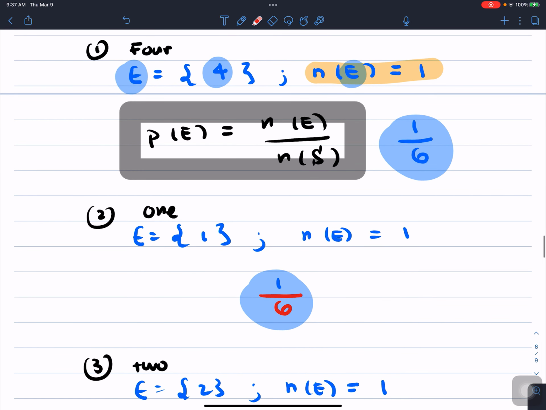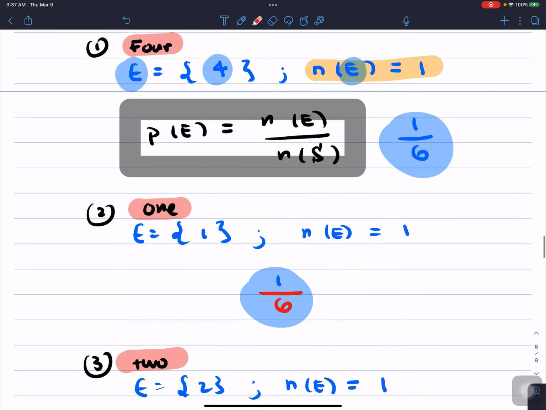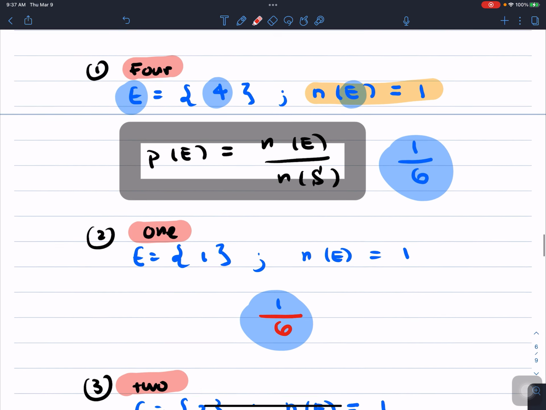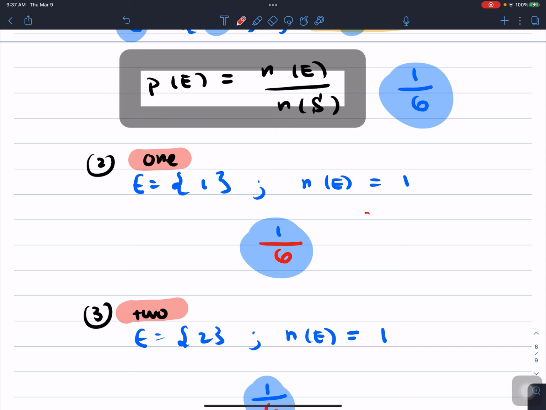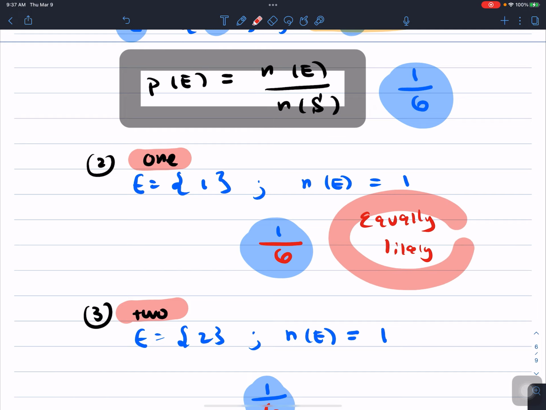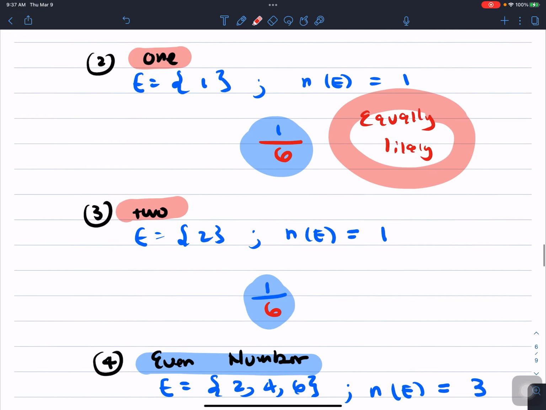Rolling a 4, like rolling a 1. Aren't they all 1/6? So what do you say? These three events are equally likely, yes.